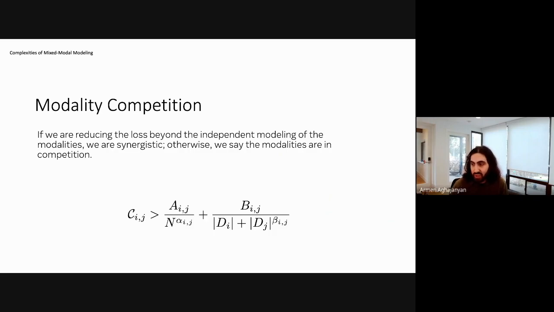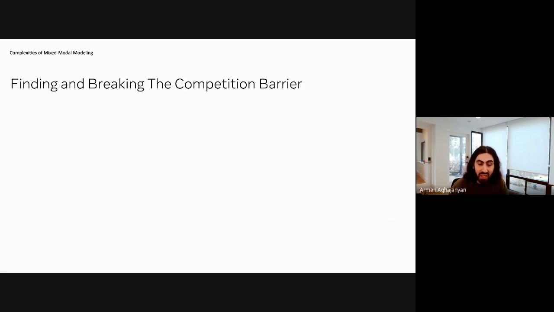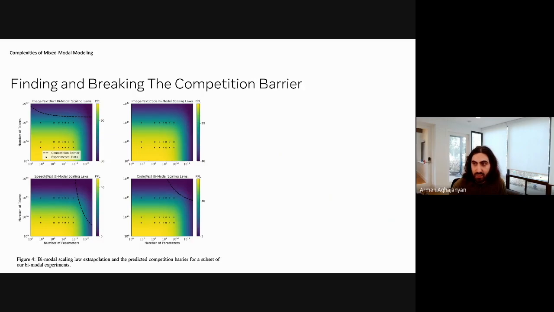So if the synergy is greater than the loss, or greater than the approximation error, then you can say that we have synergy here, right? And so you can actually go out and try to break this competition barrier once you have the coefficients for all the mixed model scaling laws, right?